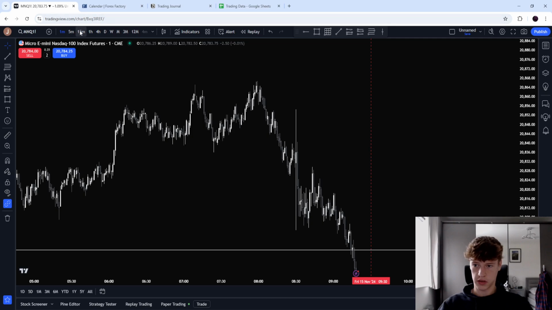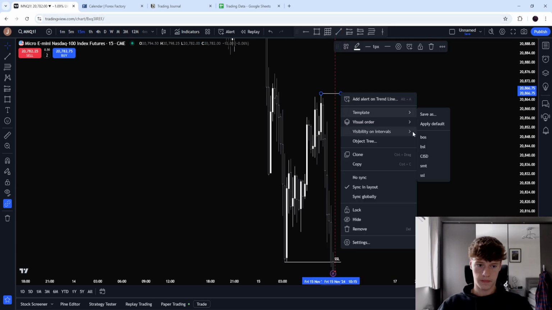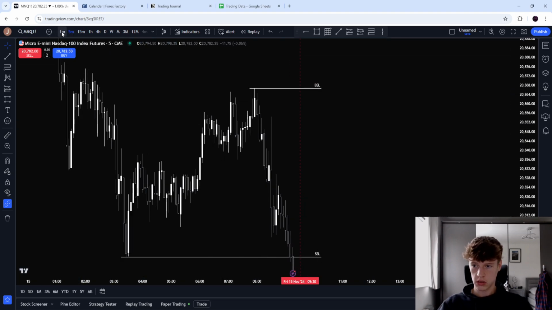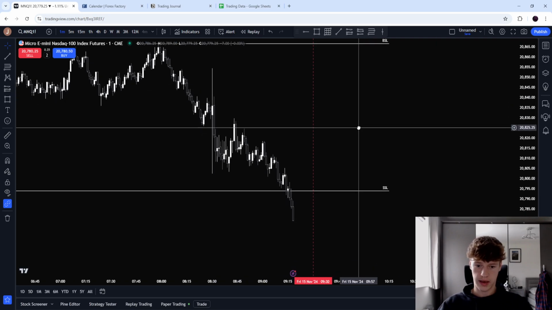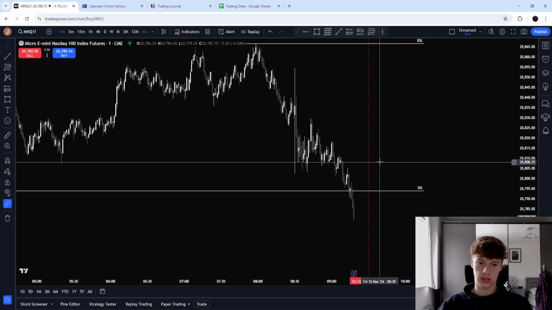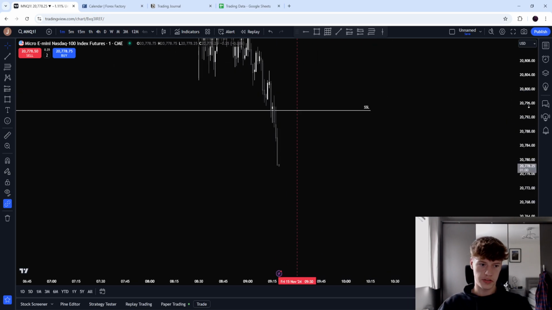As you can see, that buy side is left intact. So then for me to look for shorts, I'd want to see an SMT at an internal high and then a continuation to the downside. Price is dumping.